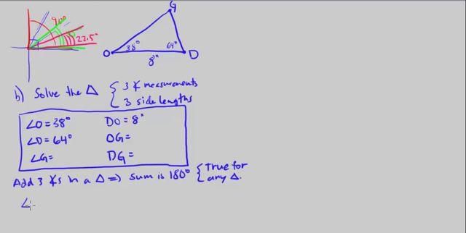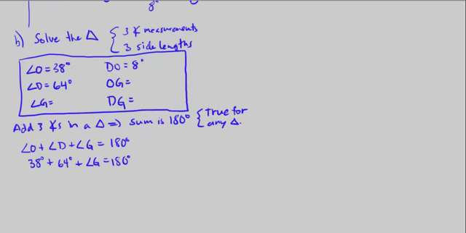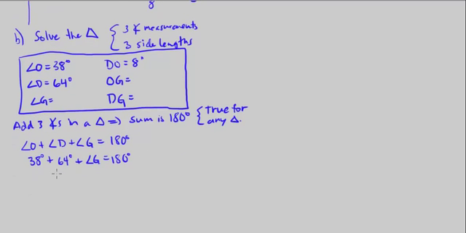Here we have 3 angles, angle O plus angle D plus angle G. We know we add them up, we get 180. Angle O is 38, so I'm just replacing it. Angle D is 64, I'm replacing it. Angle G, I don't know, so I'll leave it as angle G. Okay, combine like terms, 38 plus 64 is 102, plus angle G is 180.